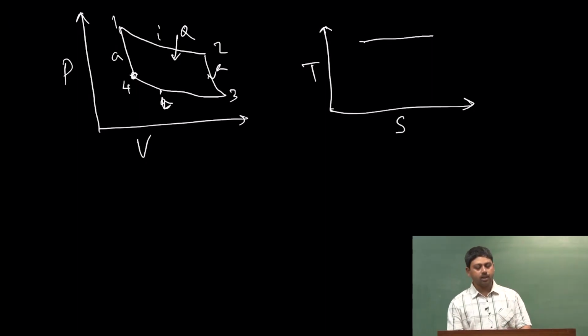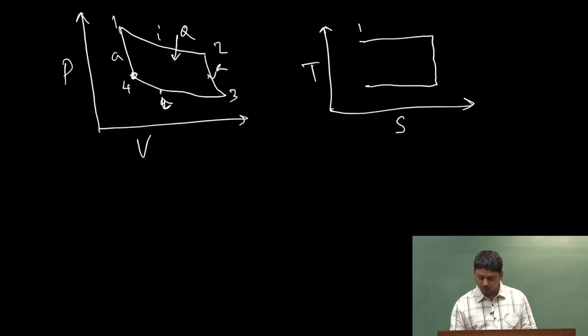Since it is adiabatic, entropy remains fixed. However, since it is an expansion process, it cools down, so temperature decreases. It will be like this. Then 3 to 4 is just the opposite of 1 to 2. So this is 1, this is 2, this is 3 and this is 4, and we get 4 to 1 like this.